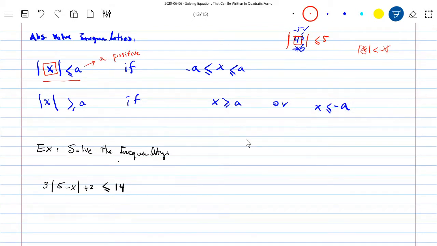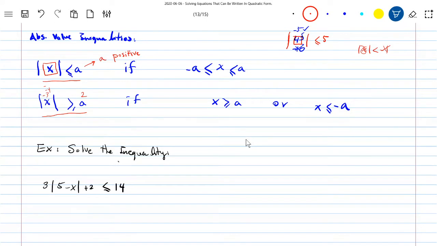On the other side, if you look at absolute value of x greater than a, what numbers can I replace in x for x to be greater than a? If a was something like 2, then I can replace 3, 4, 5, and so on, as well as negative 3, negative 4, negative 5.